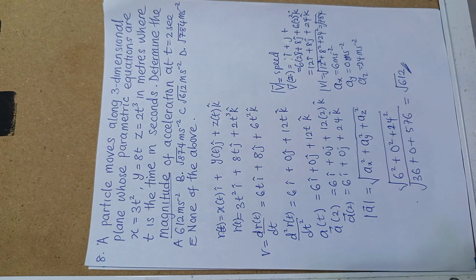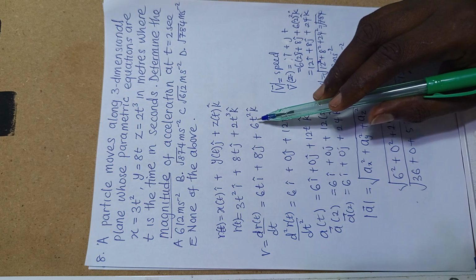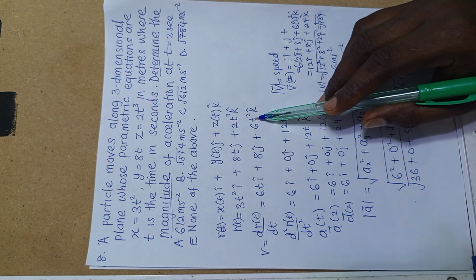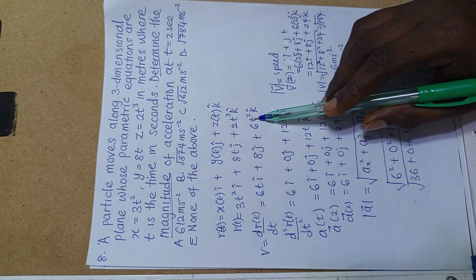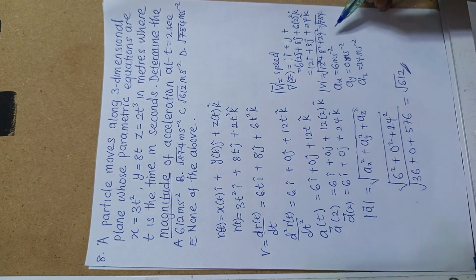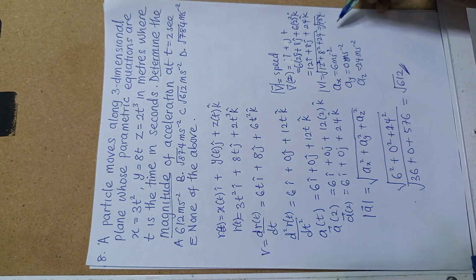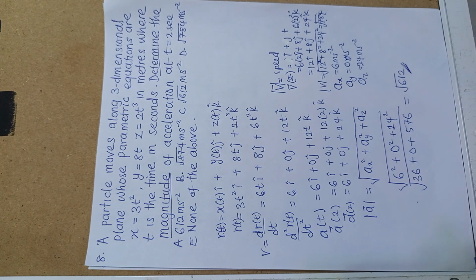You can try it. 12 squared is 144, 8 squared is 64, then 576 is 24 squared. We add all of them together. Don't forget, this is 2, you put 2 there. So you have 784, and the square root of 784 is 28.